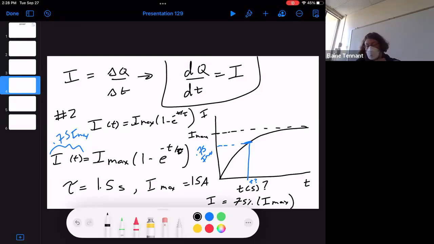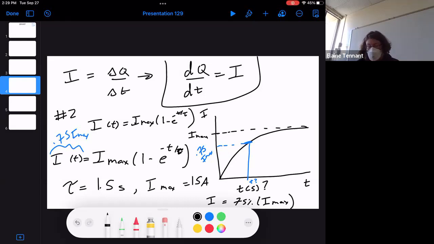Given that current is the derivative of charge, if we want to know how much charge is passing through the circuit, I have a current with respect to time graph. Anytime I have a graph, you should be saying we're either going to find the slope or we're going to find the area under the curve.